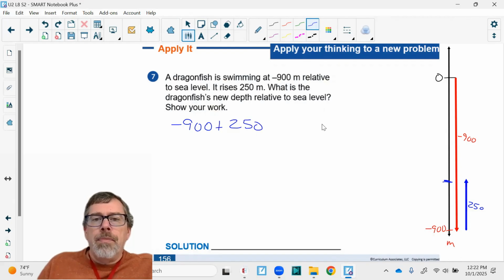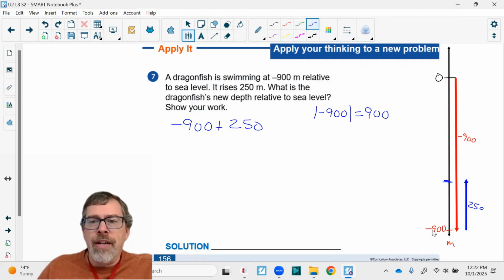Okay. So what we do here is we're going to take the absolute value of negative 900, which is 900, because absolute value means distance from 0. How far is 900 from 0? It's 900. We're going to take the absolute value of 250, which is also 250, and we're going to subtract. So 0 minus 0 is 0. I have to borrow 10 from my 9. Okay, so bring that 8, bring this over to 10. 10 minus 5 is 5, and 8 minus 2 is 6.